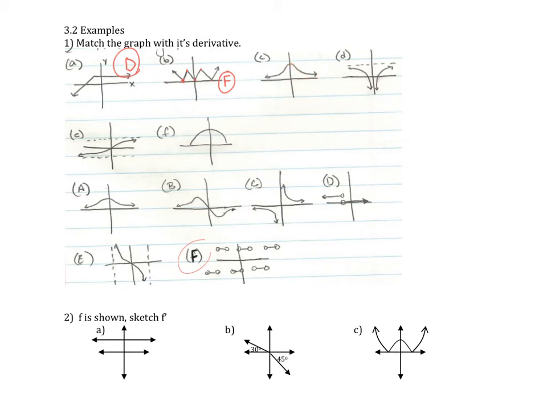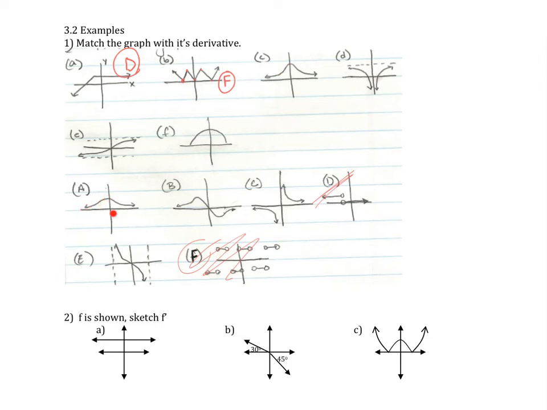So let's see, which of these matches up with that? Remember, I've already used D, I've already used F, so from what I have left, I need to find what goes horizontal, so this is definitely not it. Horizontal, and then increases, goes horizontal.